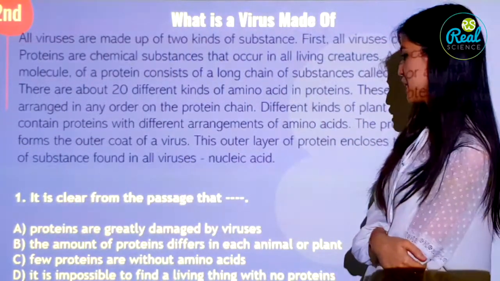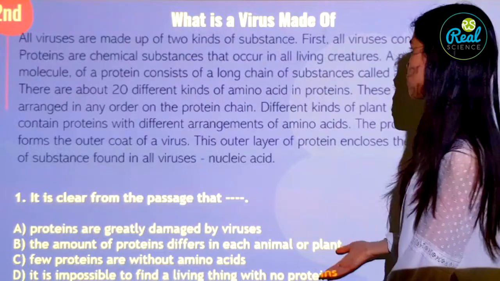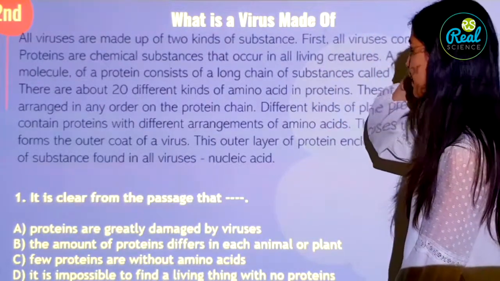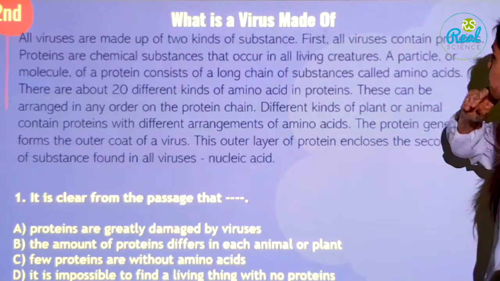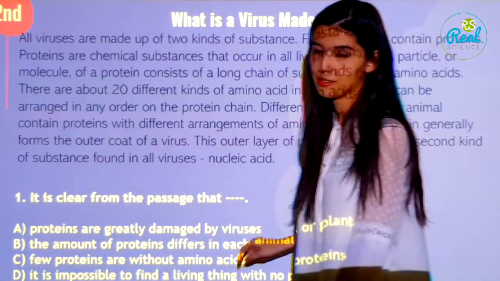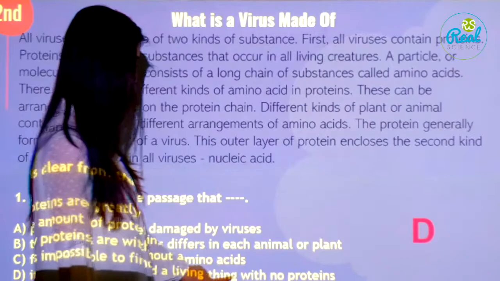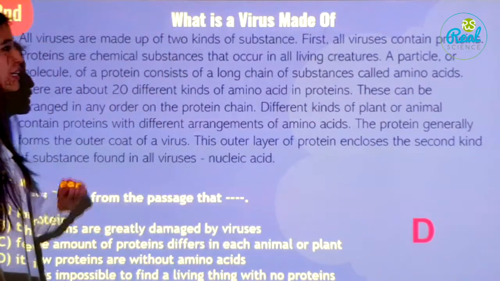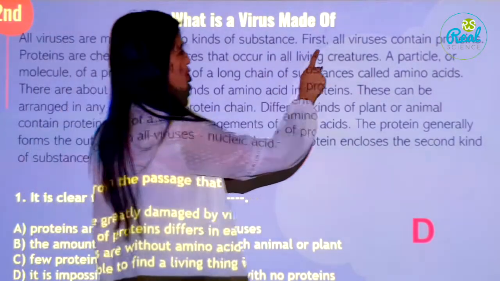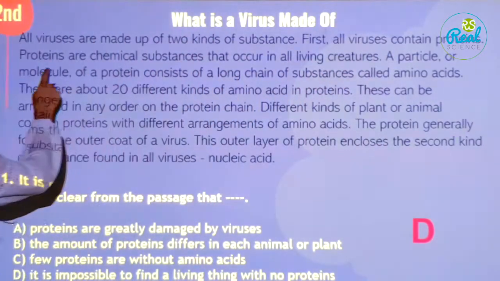Okay, it's clear from the passage that. So it's the first question, so the answer is over here. The answer is not A. Is it D? I will surprise you. The answer is D. It's impossible to find a living thing with no protein. Say it over here, guys. First, all viruses contain proteins.